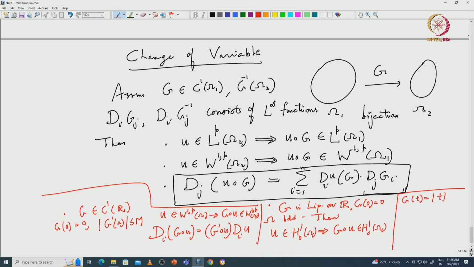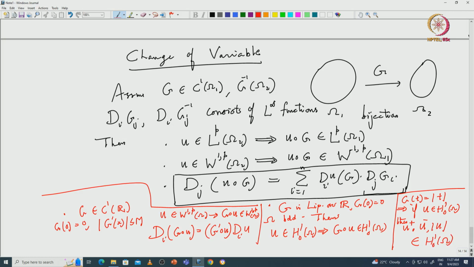and apply these results. This will imply that if u is in H1 naught, then u plus, the positive part of u, u minus, the negative part of u, and mod u are all in H1 naught of omega.